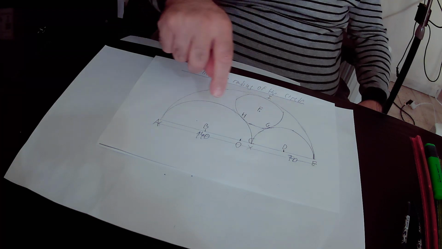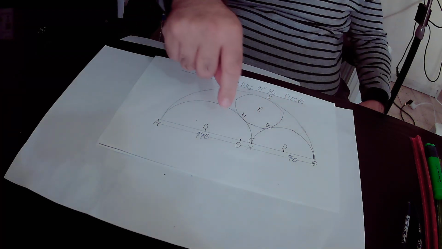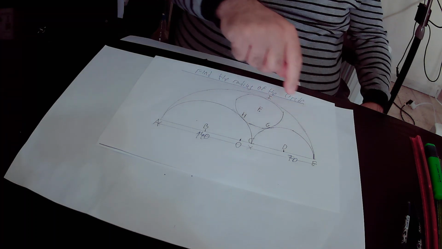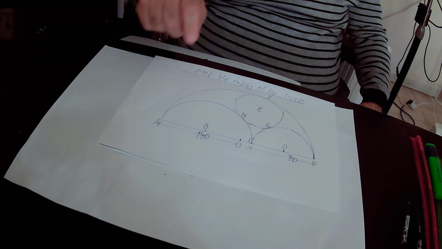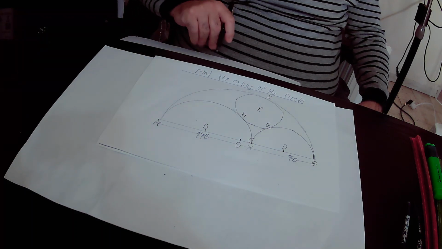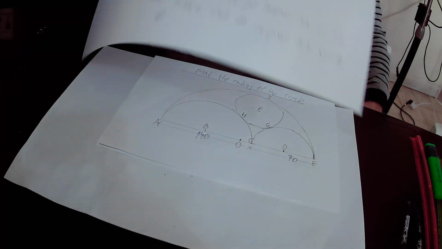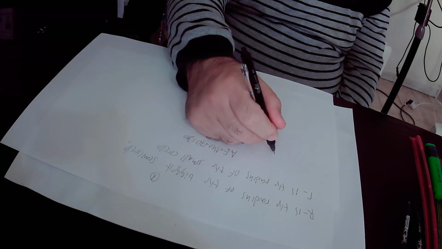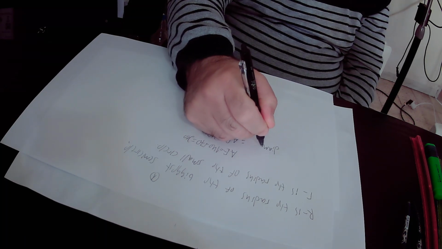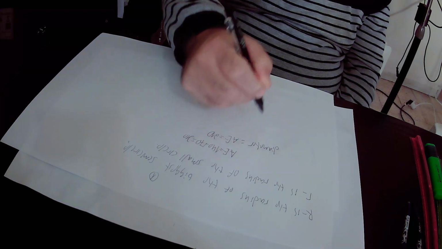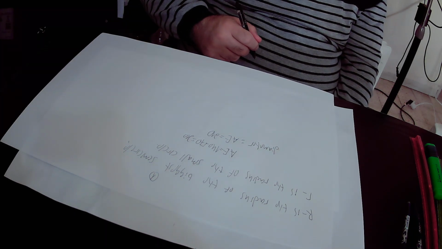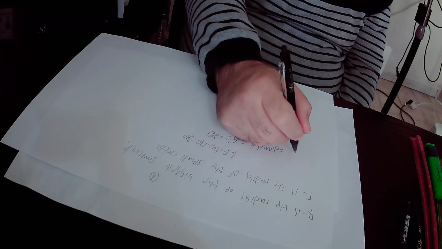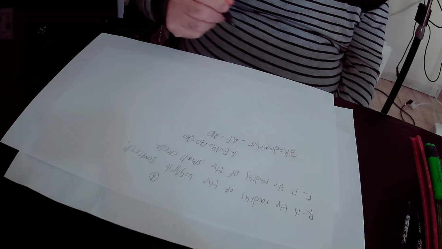Since we defined the radius of the biggest semicircle as capital R, the diameter will be equal to 2 times capital R. So, write it down. AE is the diameter of the biggest semicircle, and therefore it is equal to 2 times capital R.